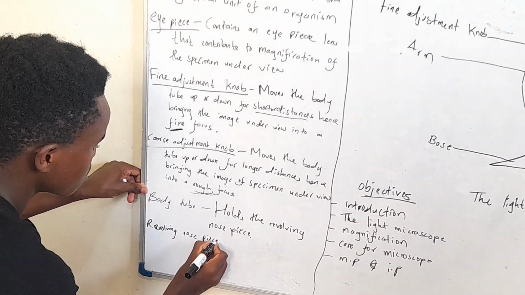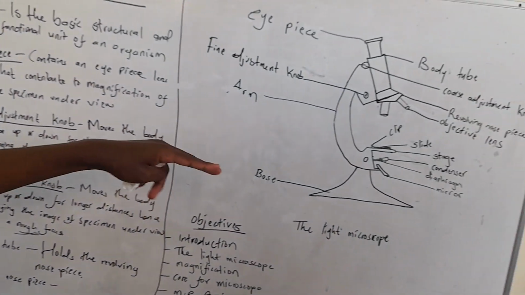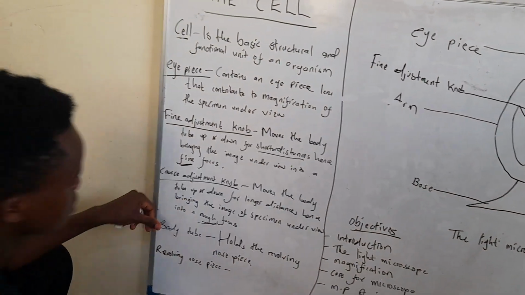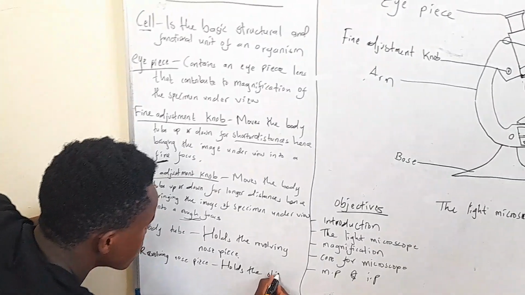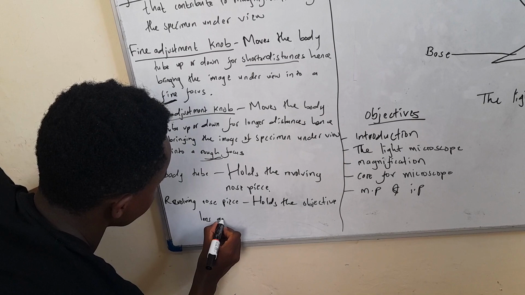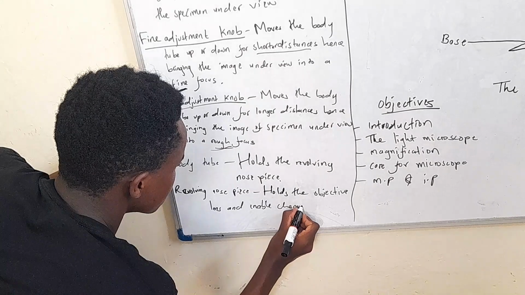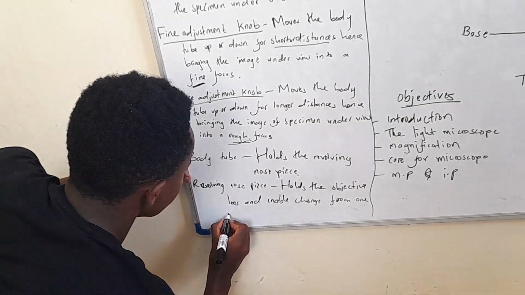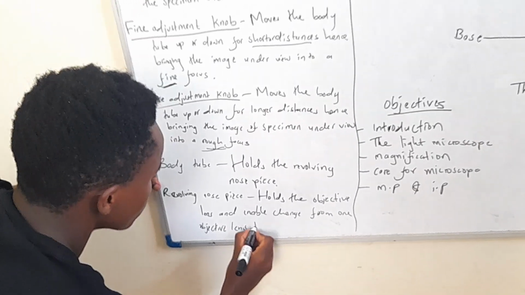What's the function of a revolving nosepiece? It holds the objective lens and enables change from one objective lens to another.